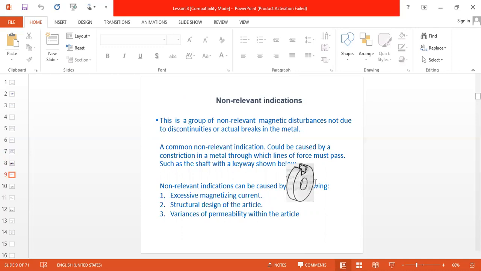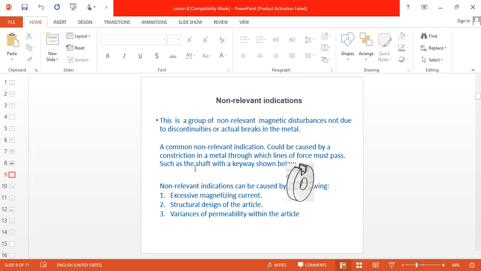But here physically there is no break in the material, yet powder is accumulated here. The powder is accumulated because of geometry. The line of force coming from here is not suddenly going in this pattern, it will come out. And if the line of force leaks, then there is pole formation, and we get indications.